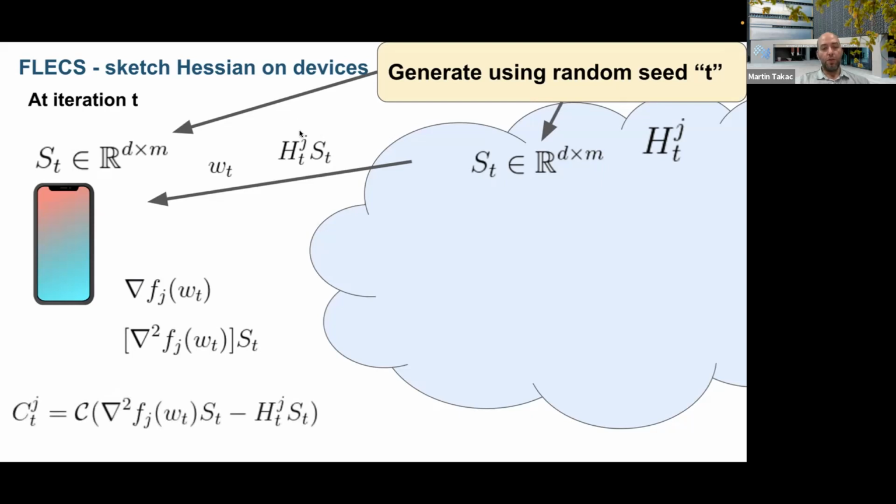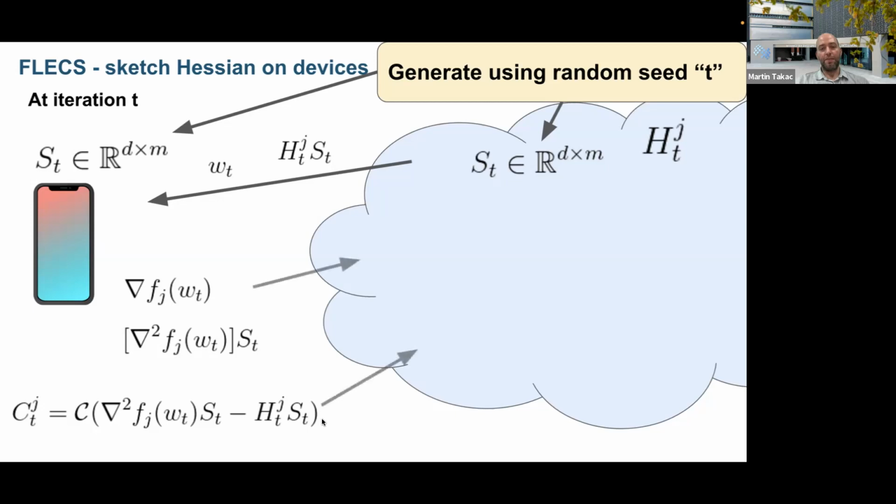So I compute the difference between my local Hessian times the vector or matrix minus H times the sketch matrix S, which was generated on the server, and I use compression on this quantity. Ideally, as I converge to the optimal solution and H converges to the local Hessian, this quantity will go to 0, which is pretty nice.